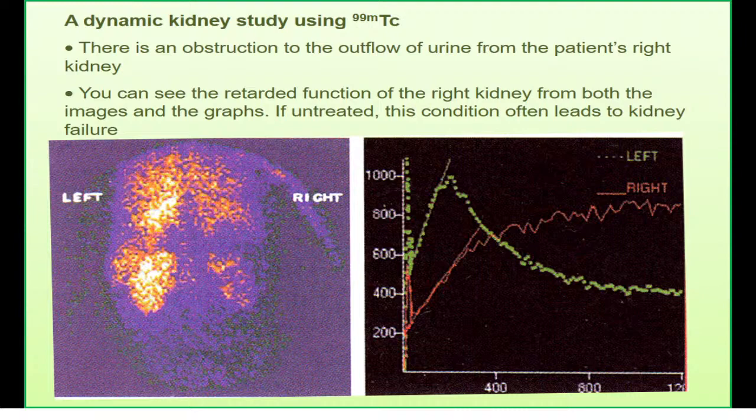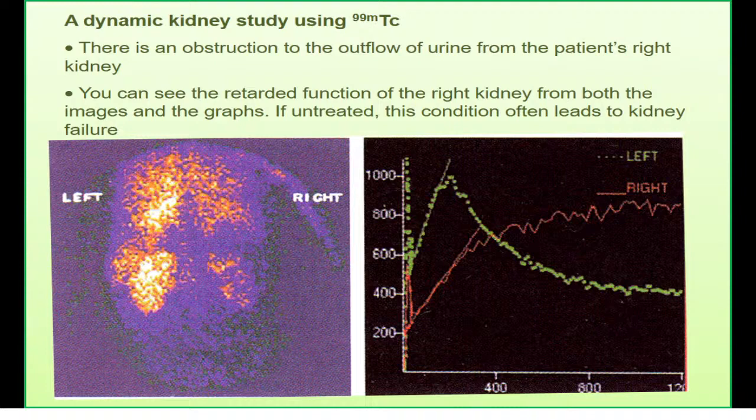It emits the gamma radiation, and this radiation, which is changing with time, is detected and shows the process in progress at the kidney, for example, that is a paired organ.